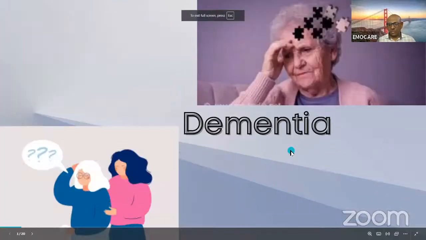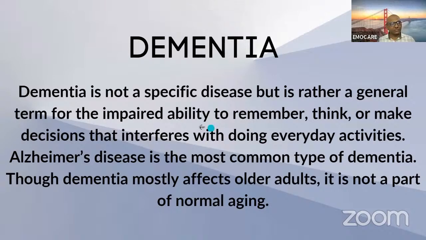Dementia is not a specific disease, but rather a general term for the impaired ability to remember, think, or make decisions that interferes with doing everyday activities.